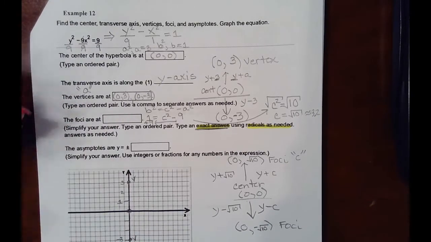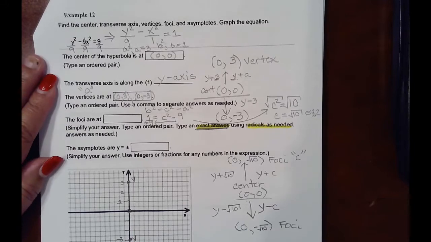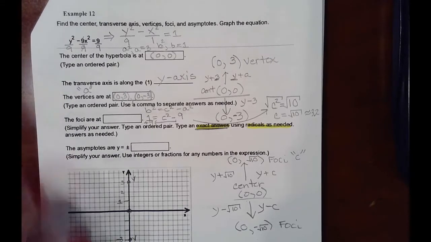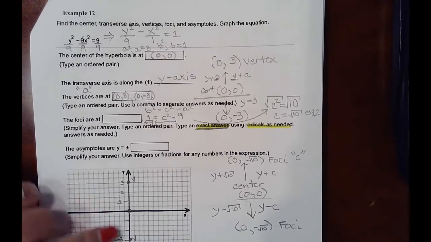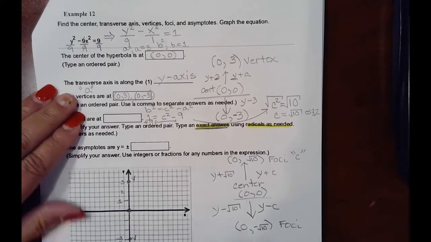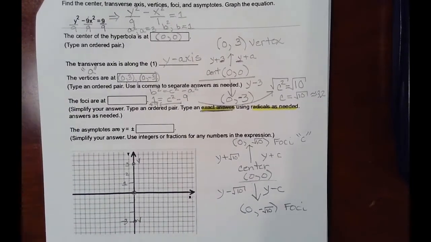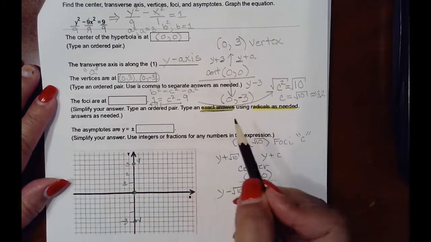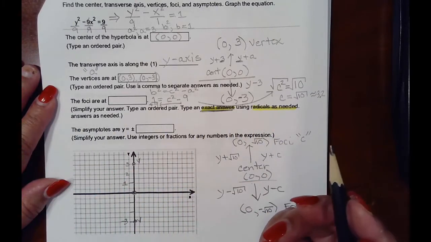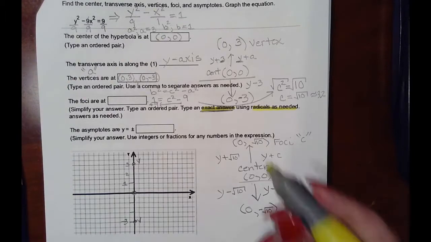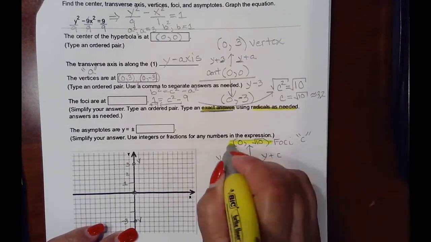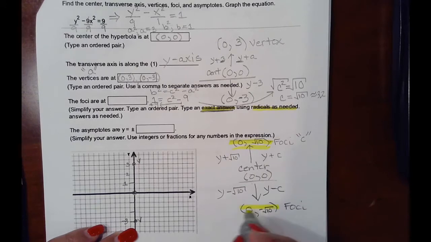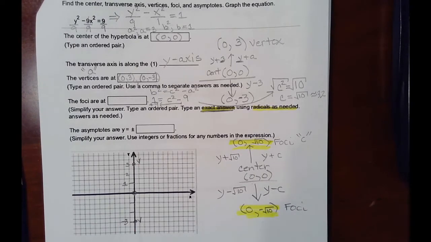If you want to know where to plot that point, because you're trying to plot it on your graph, then you want to be thinking about the decimal version of it. But for purposes of what they've asked for here, the foci are right what you see here: 0 positive square root of 10, 0 negative square root of 10.